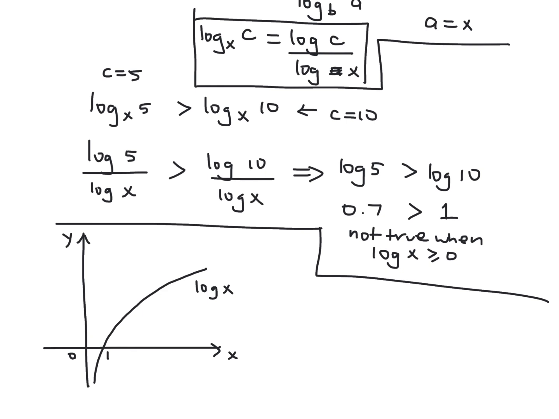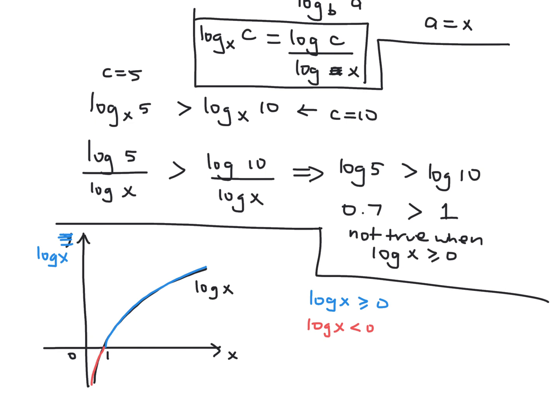You have the first region where the log of x is greater than 0, and then the other one would be less than 0. So the better way to probably, instead of putting y, just put log of x. So you have the log of x is greater than or equal to 0. So that would be this region. And then you have the log of x is less than 0, and that's this region here.